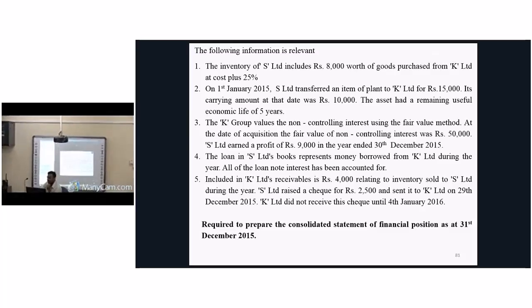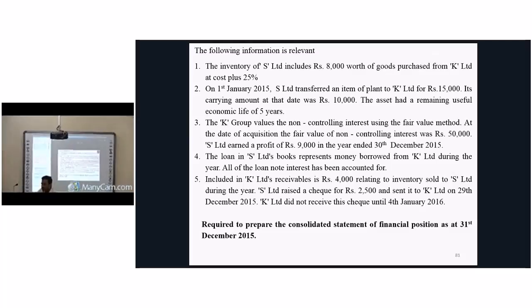The inventory of S Limited includes 8,000 worth of goods purchased from K Limited, cost plus 25%. It's about intercompany trading of inventory.